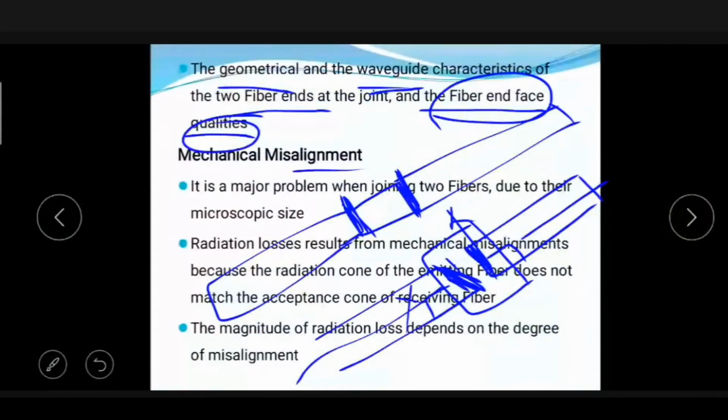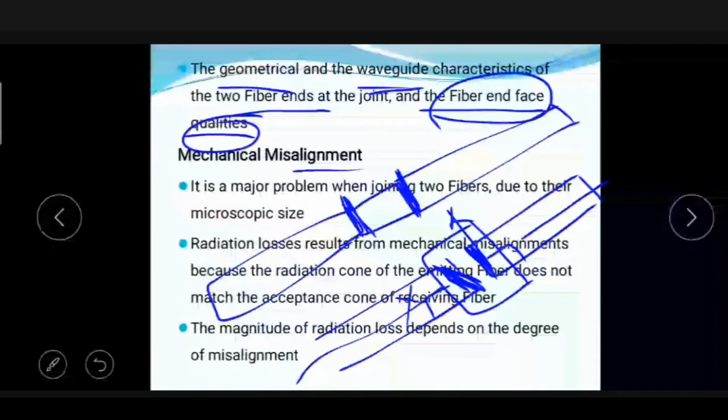Okay, so if I consider misalignment, like if I am using a splicer or a connector to join the fiber, there might be some mechanical misalignment. Without any mechanical misalignment, a proper method should be adopted, wherein either by using a connector or a splicer the fibers are joined with the two factors we have considered.